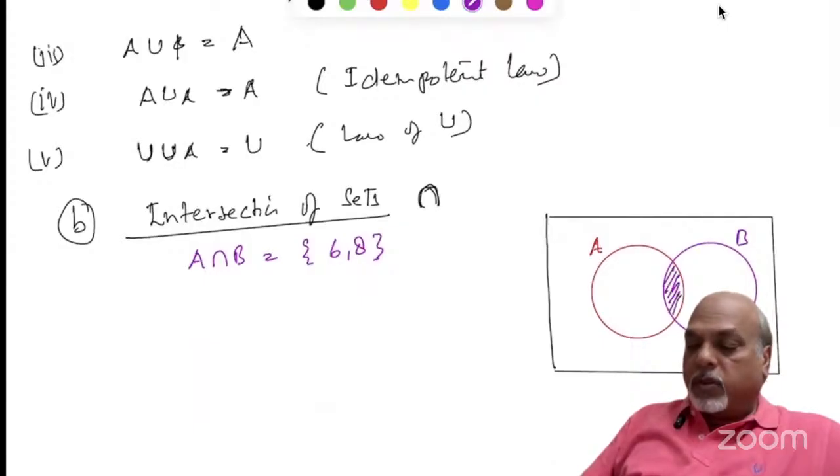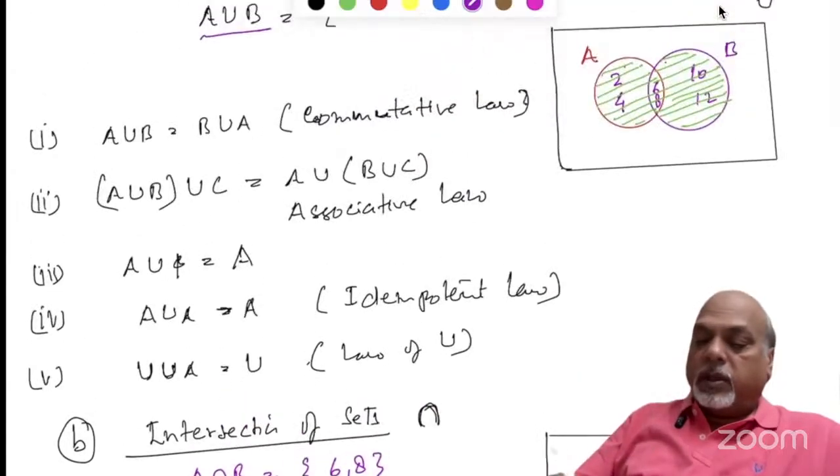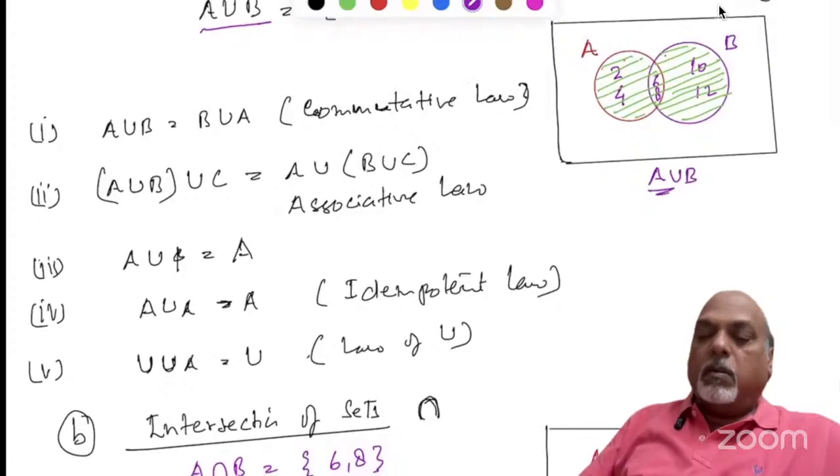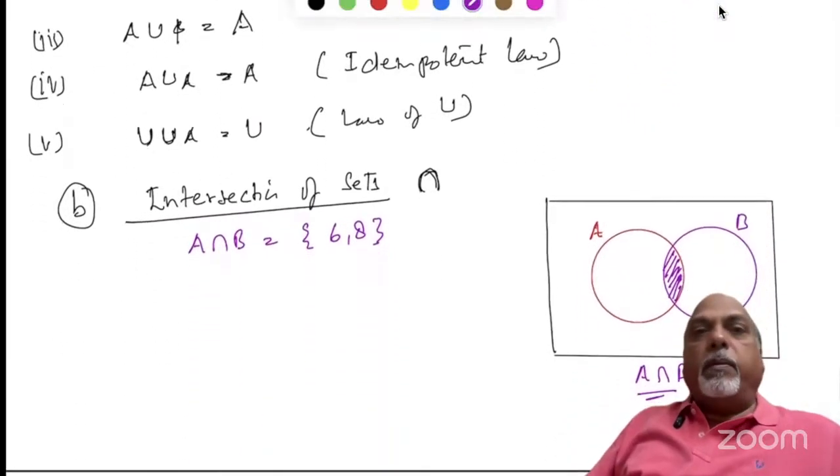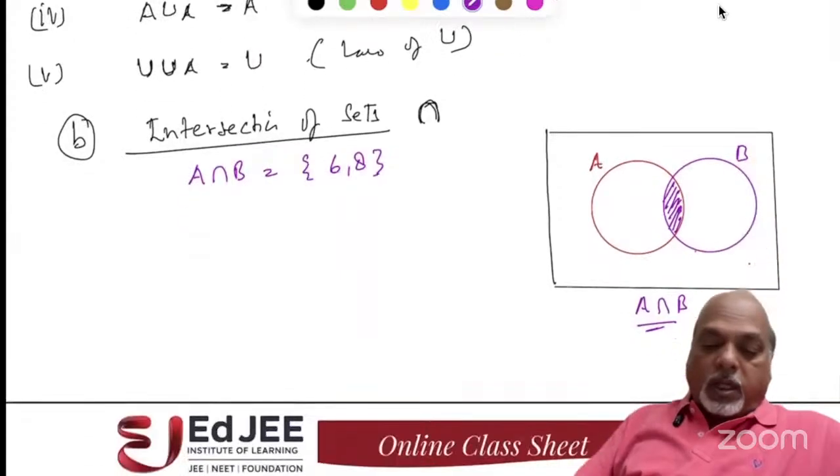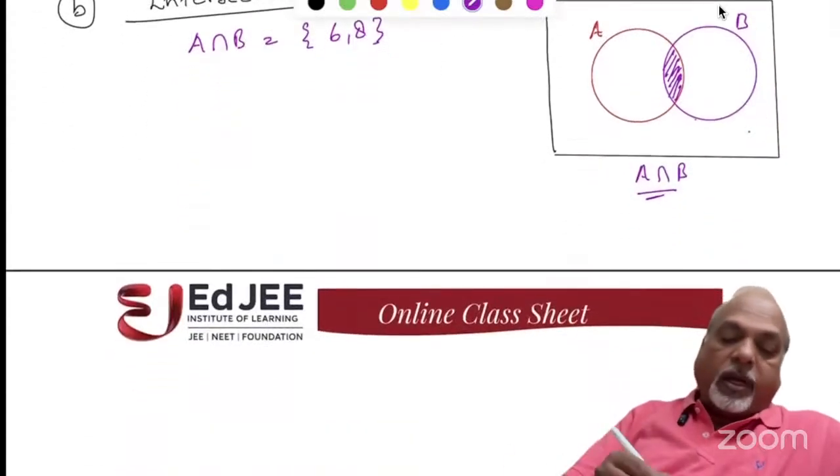This is the common portion. This is basically A intersection B. Here it was A union B. Correct? Now, suppose, what is a disjoint set?